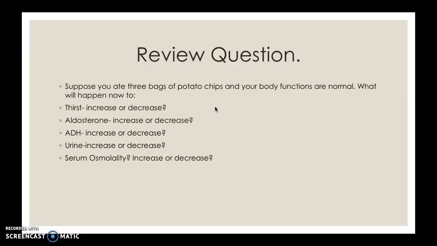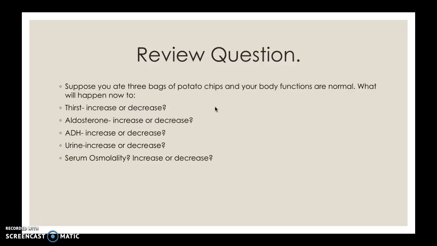Okay, suppose you ate 3 bags of potato chips and your body functions are normal. What will happen now? So you dumped a bunch of sodium into your bloodstream, a bunch of salt. What would happen to thirst? You would expect it to be triggered. It would go up. Aldosterone, remember, triggers the kidneys to hold on to sodium, and you just dumped a bunch of sodium into your bloodstream. It would decrease. You would want to get rid of some of that sodium.